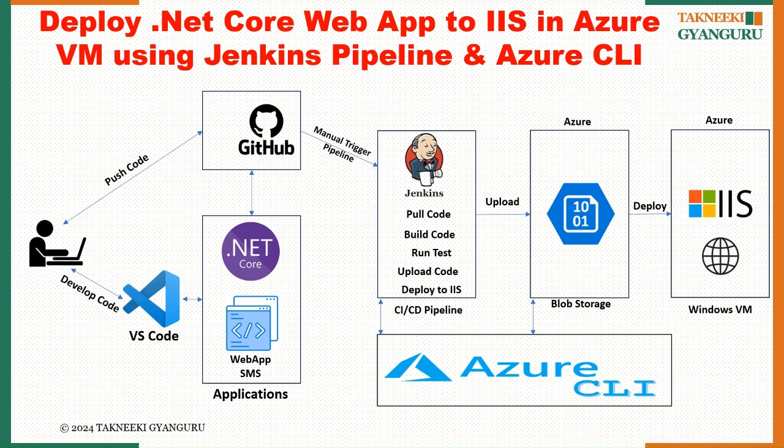So we will create an Azure VM, but not enable the IIS and the virtual folder. That is already created. So I will just deploy this code to one of the folders in the Windows VM. I'll create a folder.